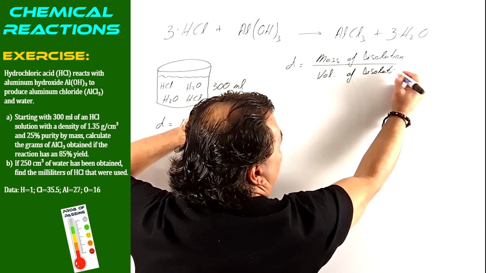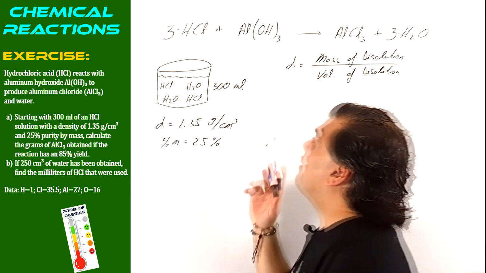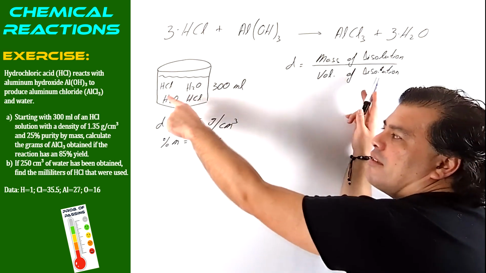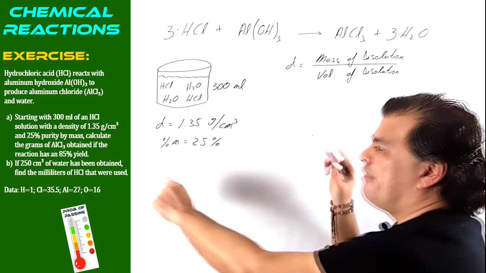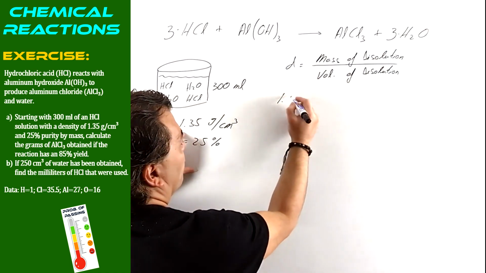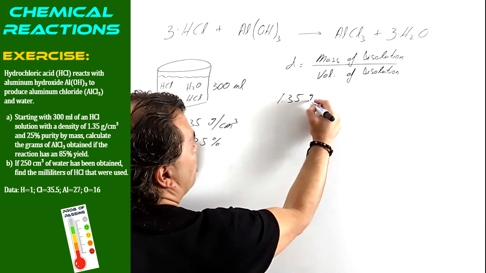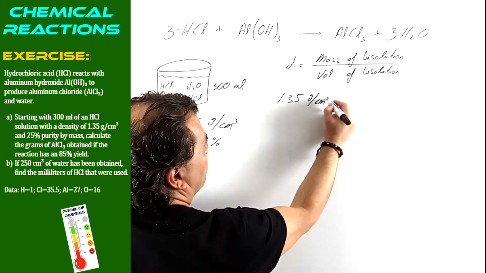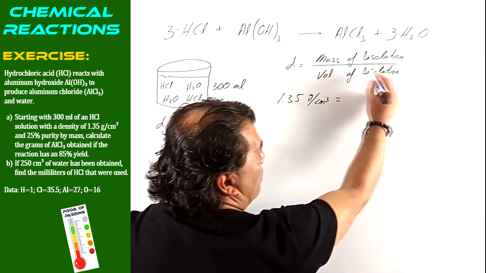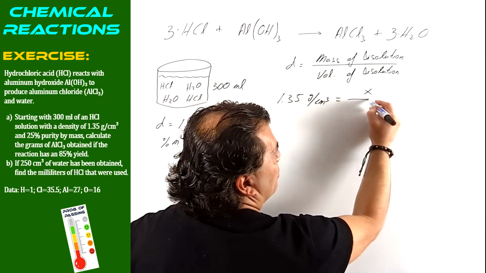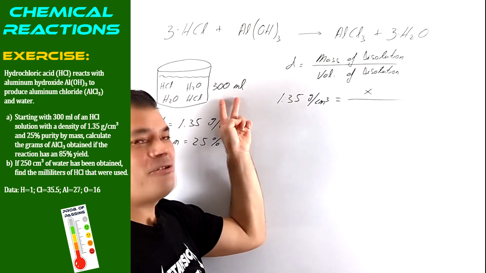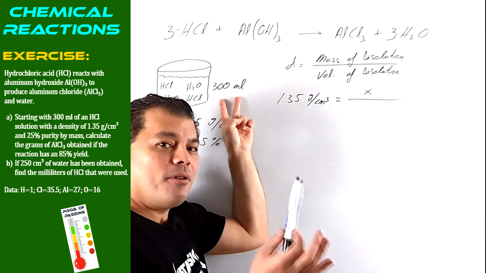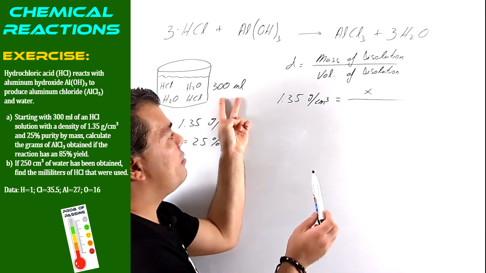So, using this formula, we are calculating the mass of all this solution, hydrochloric acid and water. 1.35 grams per cubic centimeter equals mass of the solution, let me say it's X, divided by volume of this solution. But it is very important for you to have control of the units.